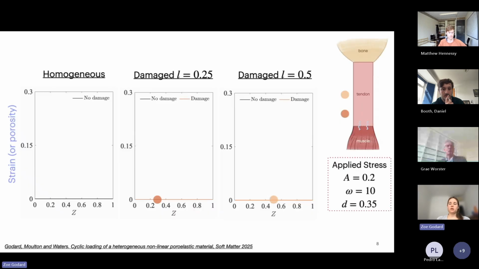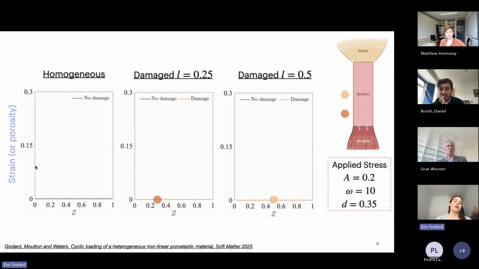Okay, that's pretty much our system set up. So now I'm going to show you a few simulations, what happens when we have this heterogeneous stiffness. So here we're going to look at an applied stress with this combination of parameters, which is vaguely motivated by tendons.